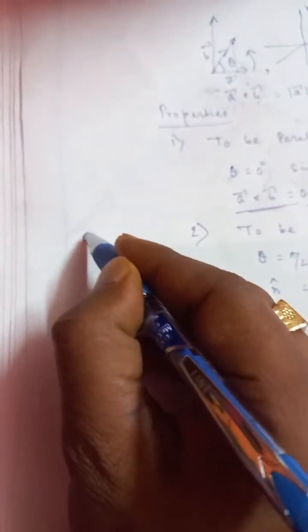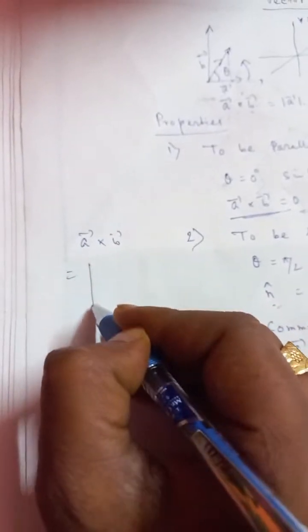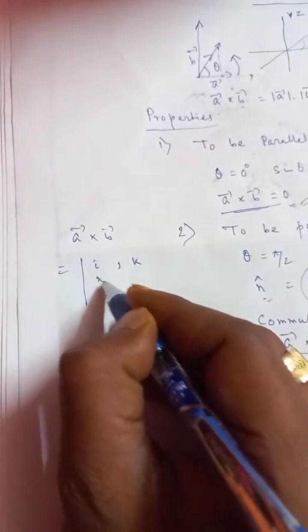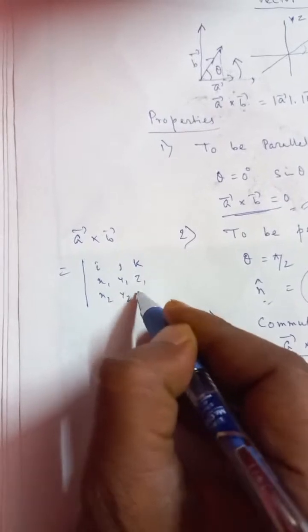In the case of A vector cross B vector we will have the determinant with rows i j k, x1 y1 z1, x2 y2 z2.